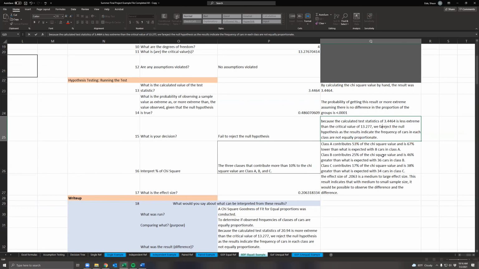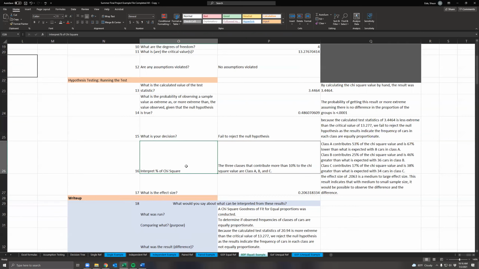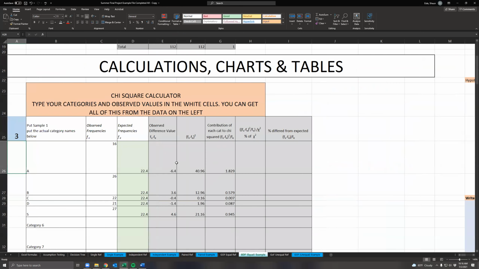We fail to reject the null hypothesis as the results indicated that the frequencies of cars in each class are equally proportionate. Okay. So basically, from what we can tell, there really is no difference between the frequencies of the car classes.